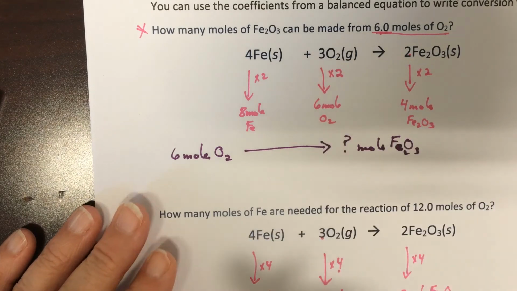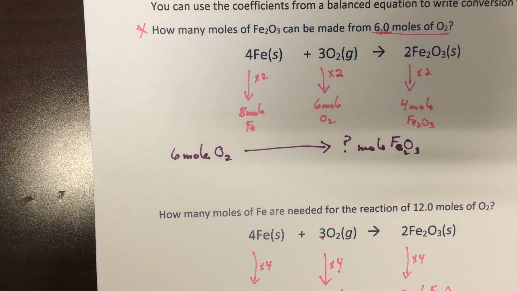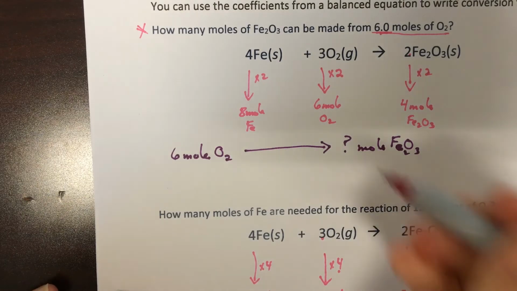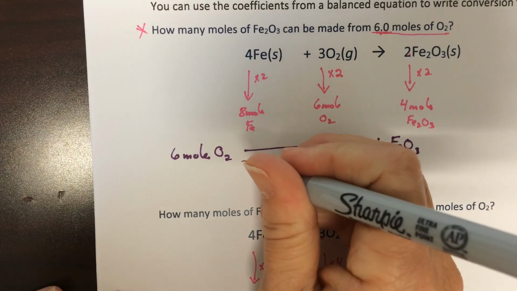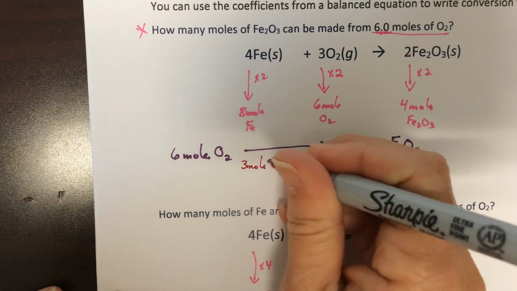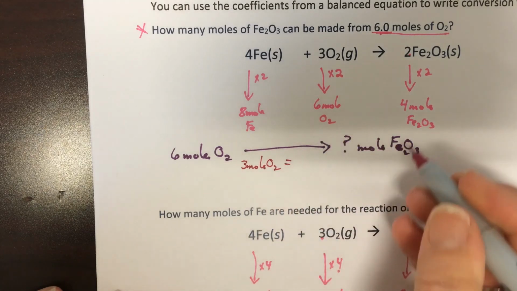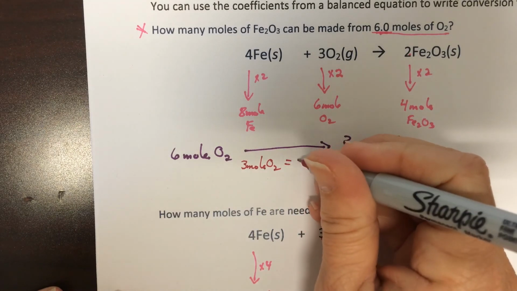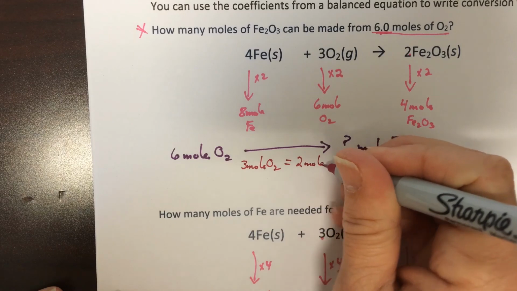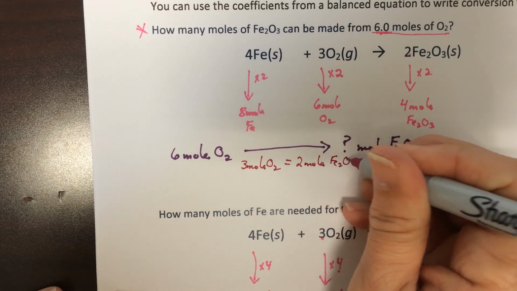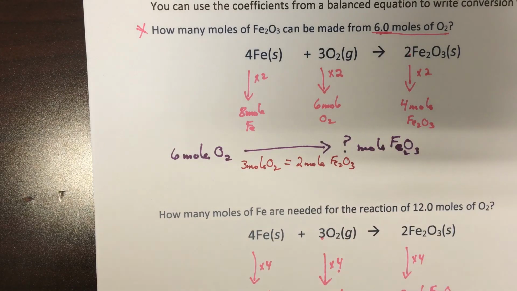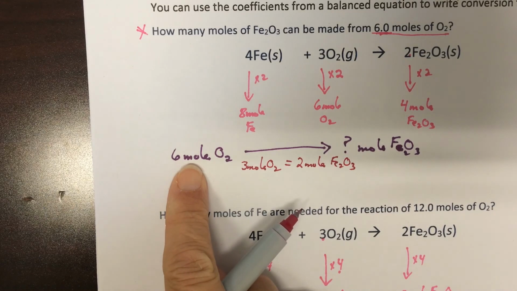We know that, and let me get another color. From this balanced equation, 3 moles of oxygen makes 2 moles of the iron oxide. So now we have a plan.